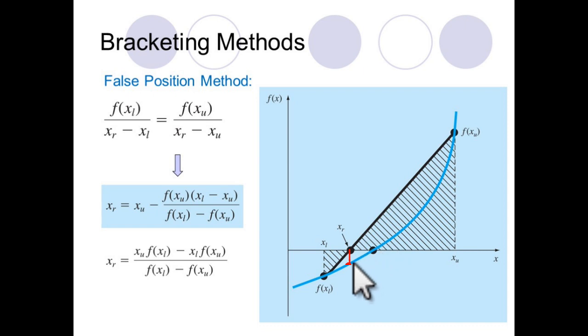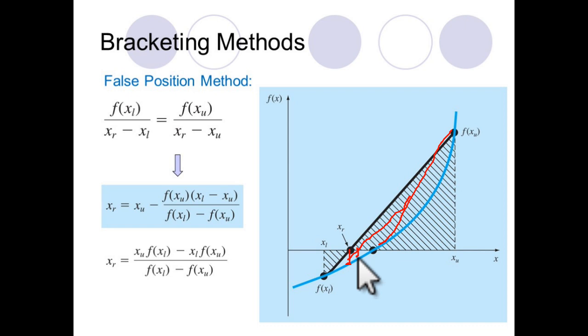If it is negative, we need to take the lower interval. In this case we take the upper interval, and we throw in another straight line, check the point where it crosses 0, evaluate the function again, and make another approximation at this point.